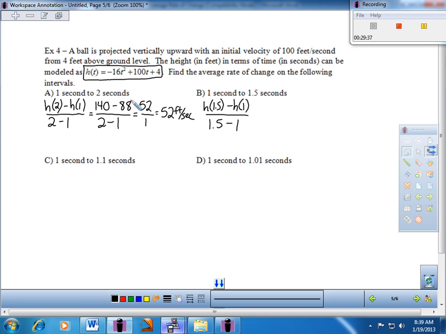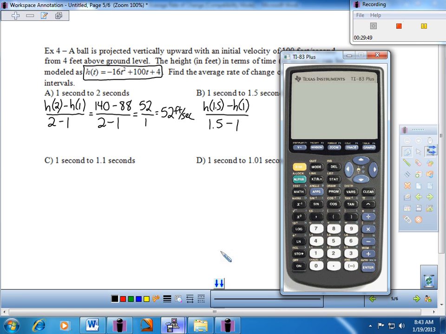We found that on the last one. I just need to find the height at 1.5 seconds. So let's bring that up. And I'll do that again. I don't have a problem with that. So negative 16 times 1.5 squared plus 100 times 1.5, and then add that 4.